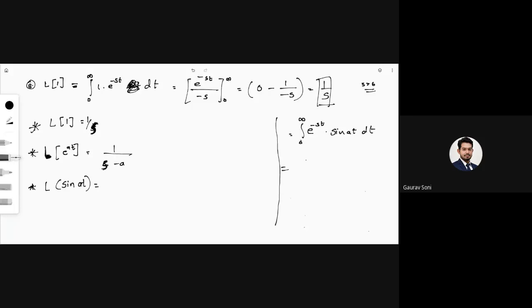By our formulas, we get a upon s square plus a square. So the Laplace transform of sine of at is a upon s square plus a square. Laplace of cos of at will be s upon s square plus a square, again by the same formulas.